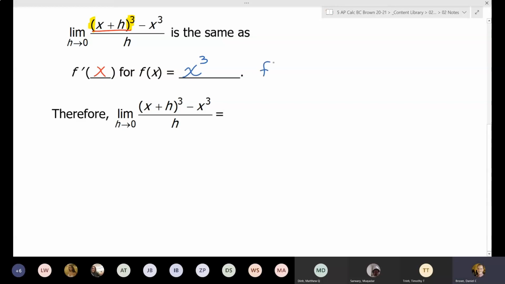What is the derivative of x cubed? The derivative of x cubed is 3x squared. So we recognize that this limit is the same thing as f prime, which would give you 3x squared. I'm not going to work this one out fully, but if you did it the long way, like we did in Unit 1, after you plug in 0 for h, you would be left with 3x squared.